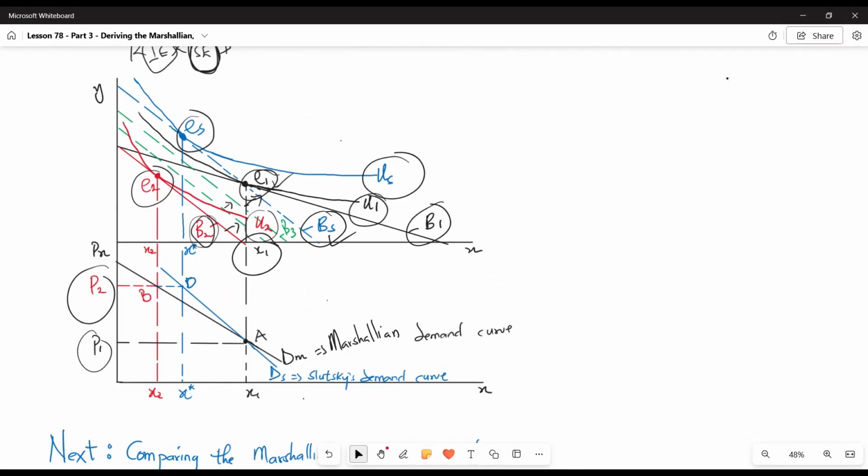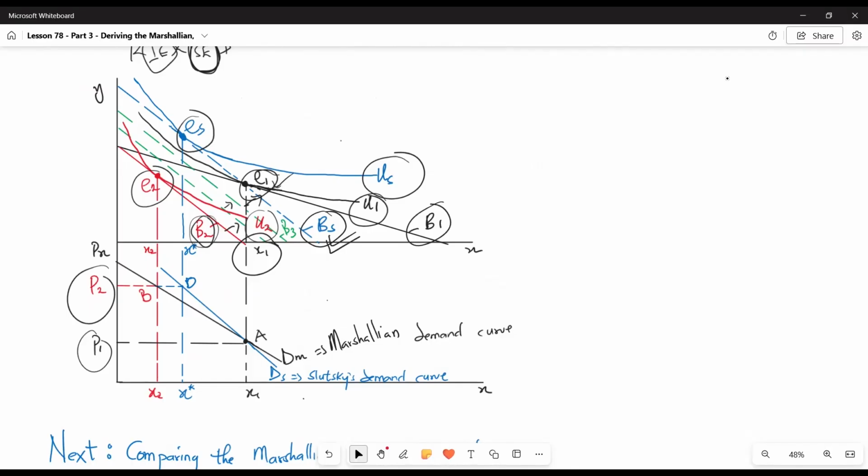Now note that the fact that we say the consumer can afford the original bundle E1 doesn't mean that's the bundle that the consumer will choose. So we see that given the budget line BS, even though the consumer can afford the original bundle E1 because it is on the budget line, the consumer will not choose that bundle because there is another bundle ES lying on the same budget line but giving the consumer a higher utility.